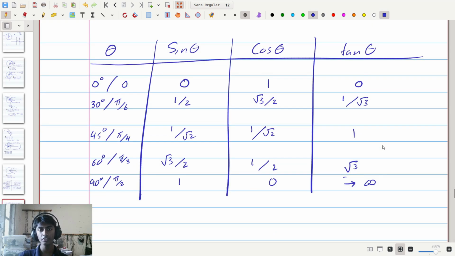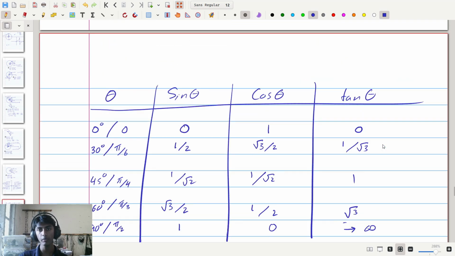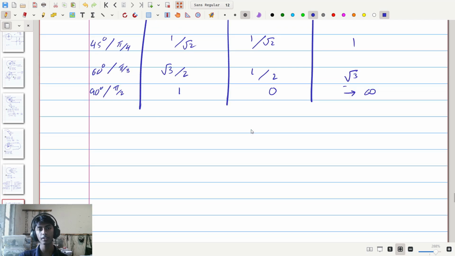We can see this in certain triangles. If we draw a triangle, we can identify clearly what this means. If I draw a 60, 30, 90 triangle like this, if this is 30 degrees, this is 90, this is 60 degrees.